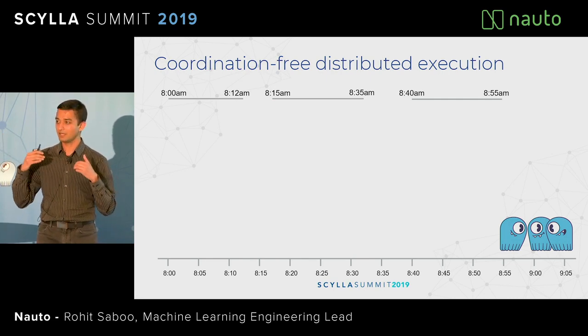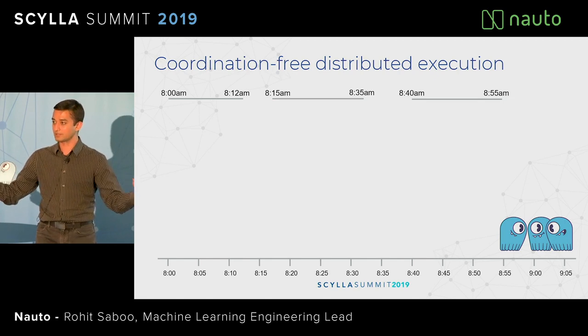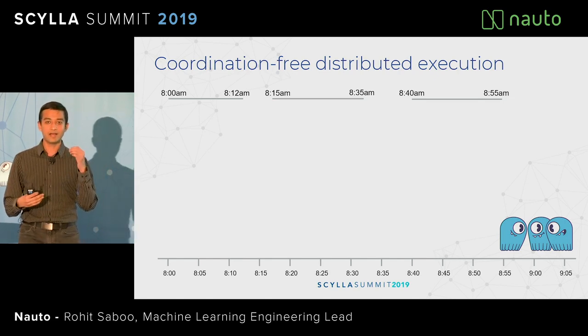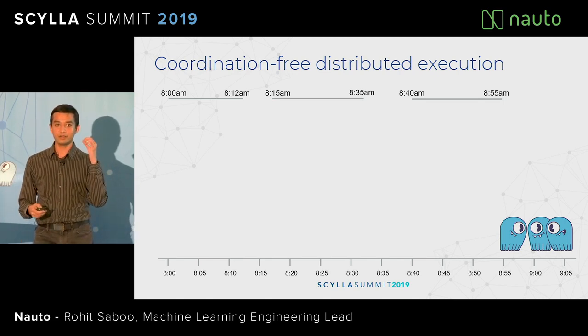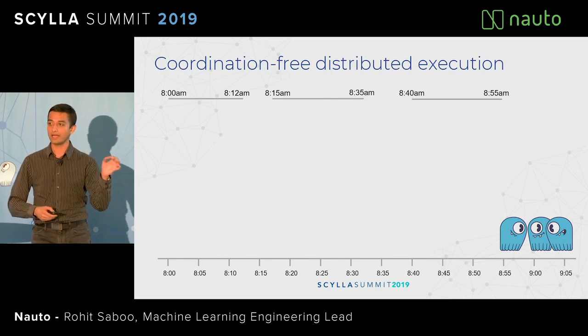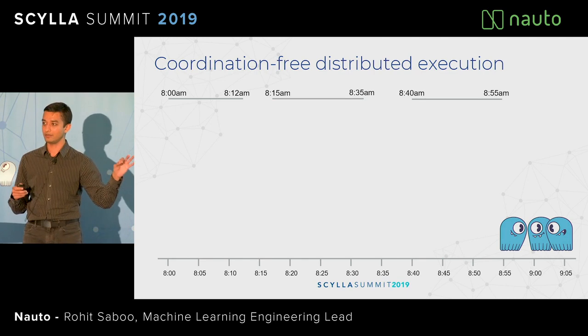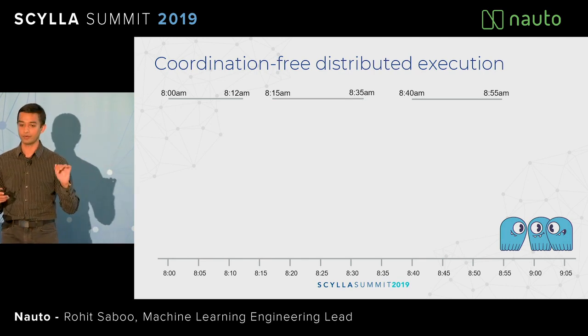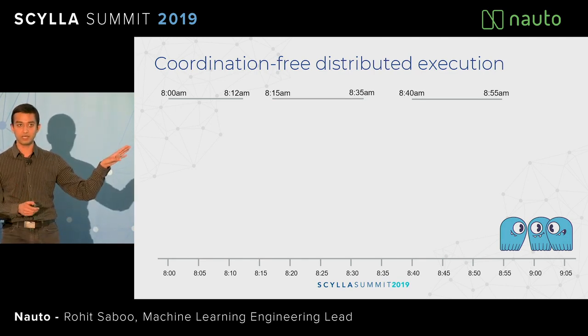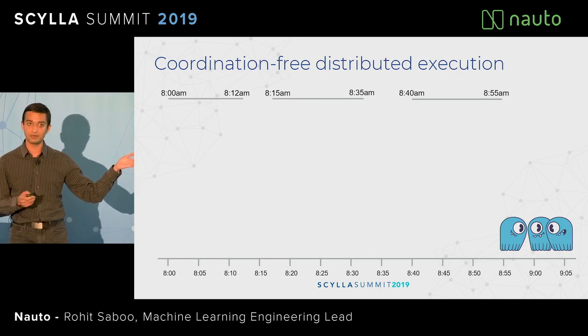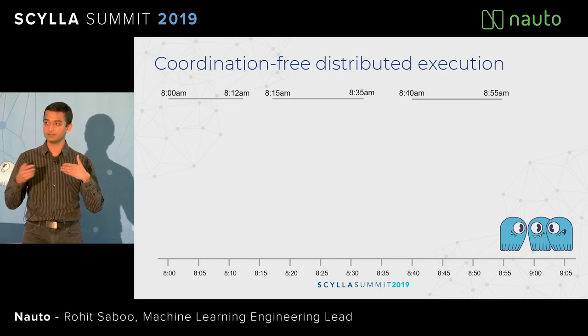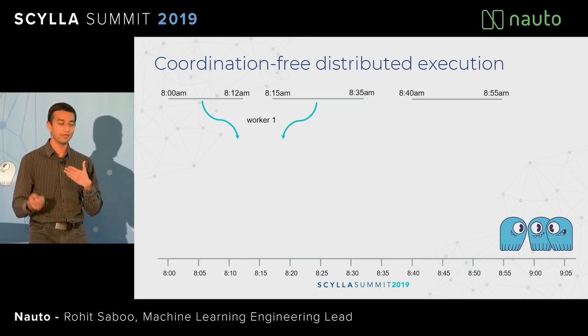In this case, it's just having a consistent view of the trip. And you are guaranteed that you can have a distributed, coordination-free execution. So let's look at a couple of examples of how that would work, to give an intuitive sense instead of diving into all of the theory.